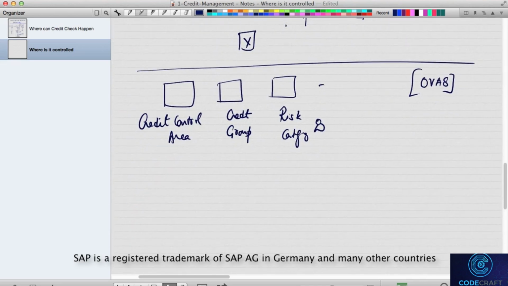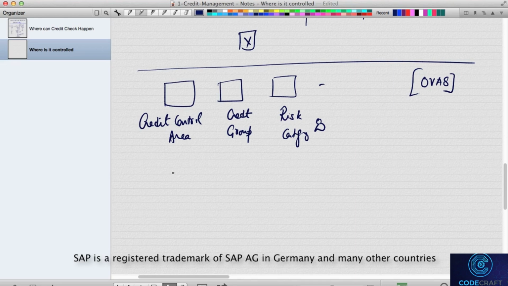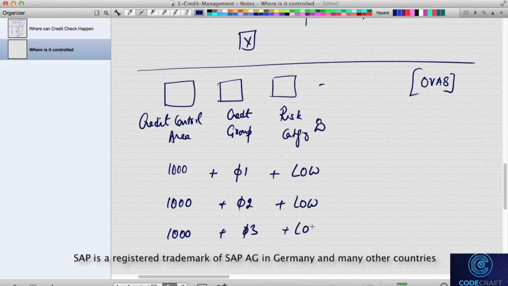So for a combination of credit control area, this is more similar to your sales area, you can have 1000 to represent US and a credit group of 01 and a risk category of low, and you can have more combinations like that. 1000 credit group of 2 plus low, 1000 plus credit group of 03 plus low.